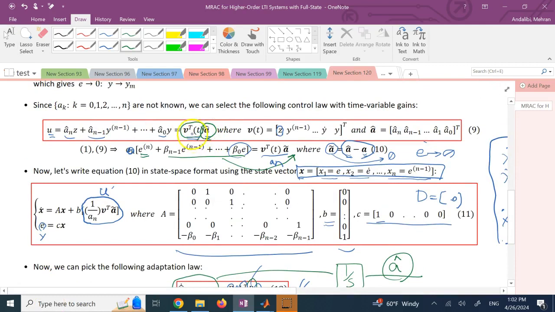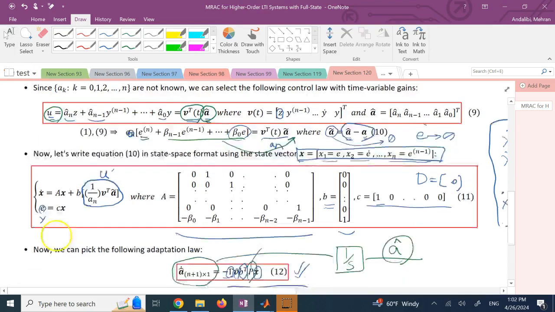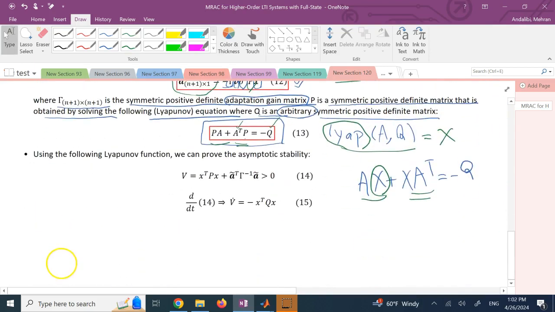Since you have V, you multiply by A hat and you get U to pass on to the system to control it. Now, how would you know this is going to converge? So the Lyapunov candidate function that I want you to try is this one, V equals X transpose PX.